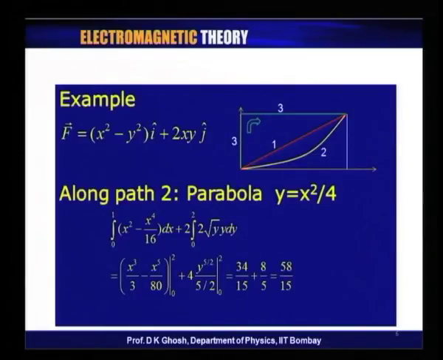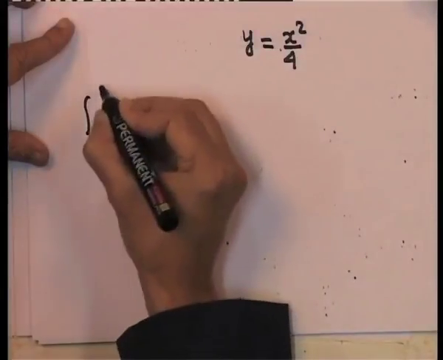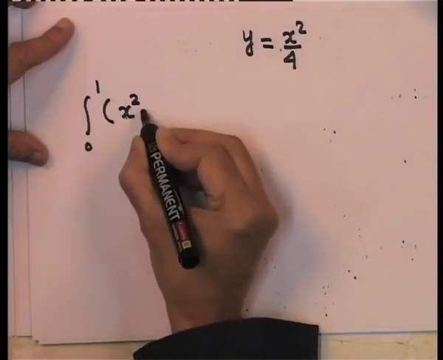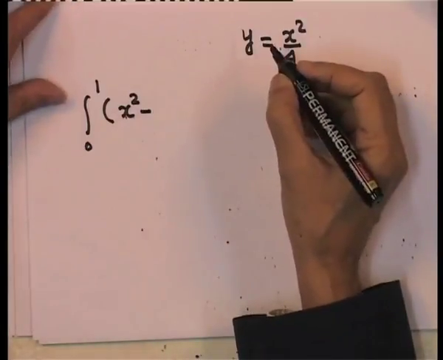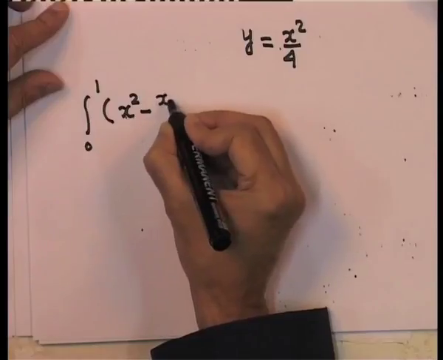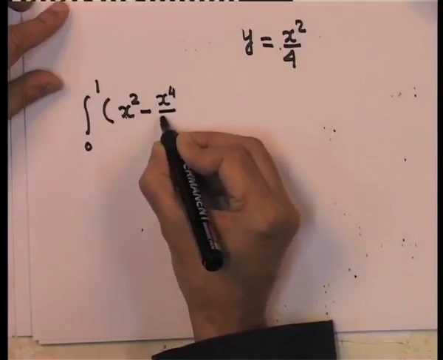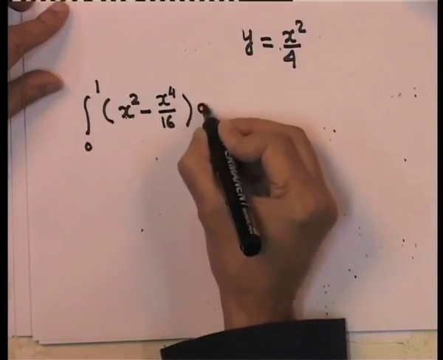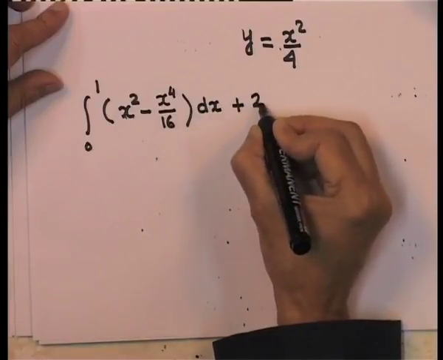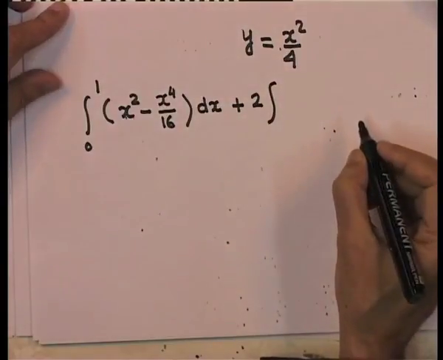So, once again I will compute this. So, this is now 0 to 1, I have got x square, now I have got y square, but y is equal to x square by 4. So, y square is x to the power 4 by 16 dx plus 2 times integral x y.